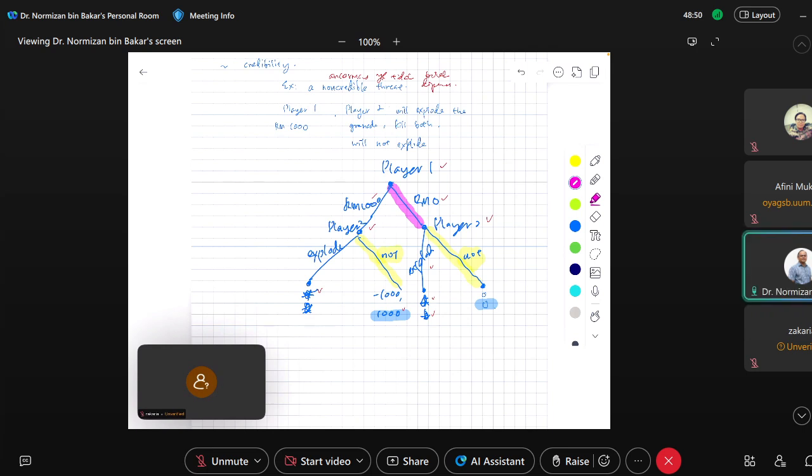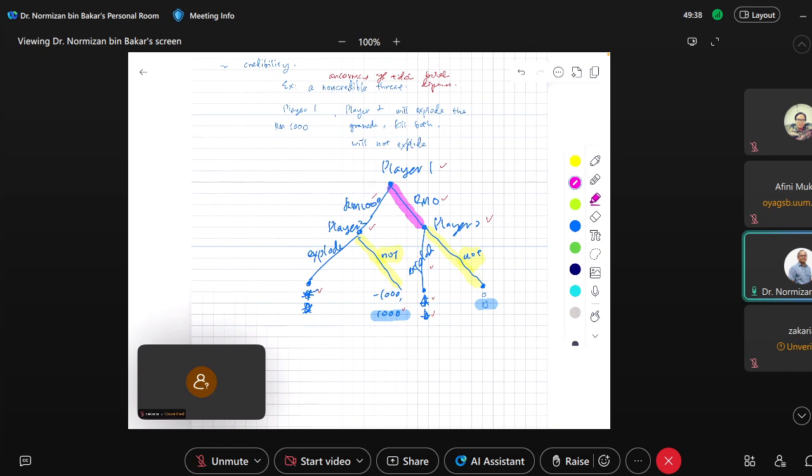With this payoff, player 2 will choose not to explode the grenade. You got it? Whatever happens, player 2 will not explode the grenade.